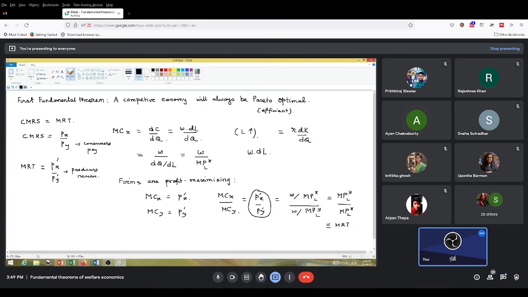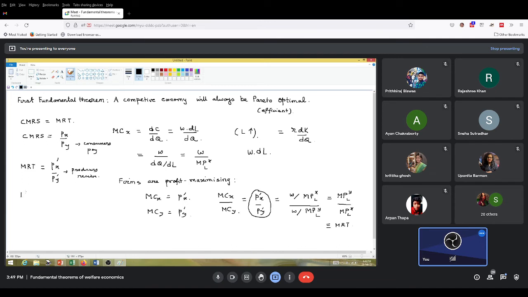The same. If I have a profit tax, so this has to be a unit tax or ad valorem tax, something like that. Okay, it has to be a distortionary tax which changes the price.